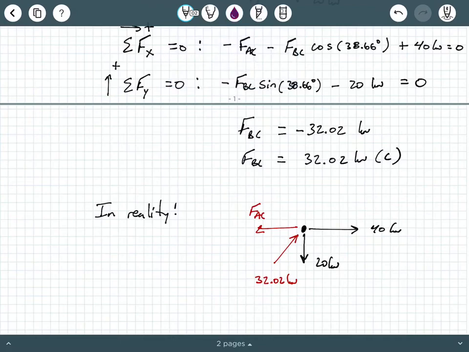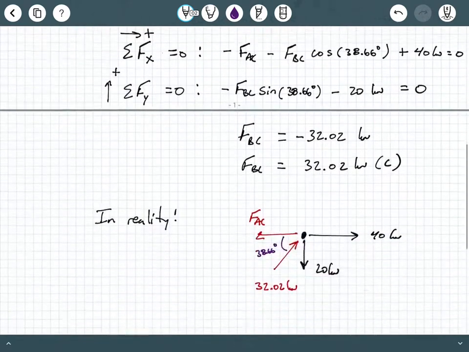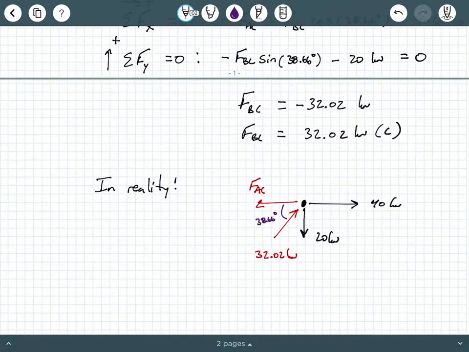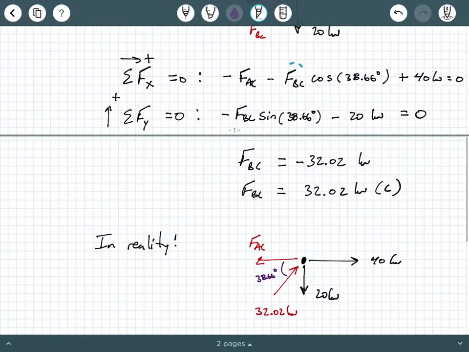And then here's my angle, 38.66 degrees. All I did was redraw my free body diagram with FBC pointing at the joint because we calculated a negative, which indicates it's pointing in the opposite direction, i.e. compression. Okay, now we can substitute this value into our x equation here.